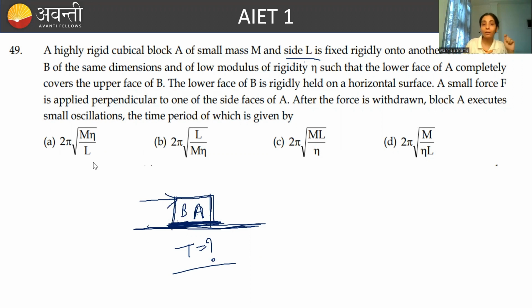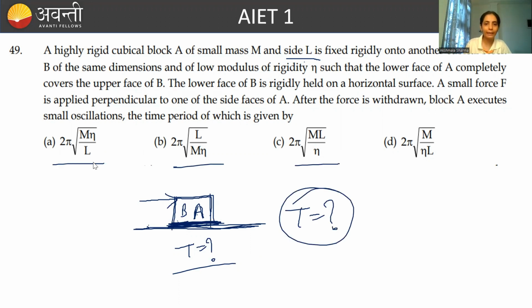So there is one more way in which we can very easily solve it by checking the dimension. हमें क्या निकालना है? हमें निकालना है time period. So whatever answer is given should have dimension of what? Time.